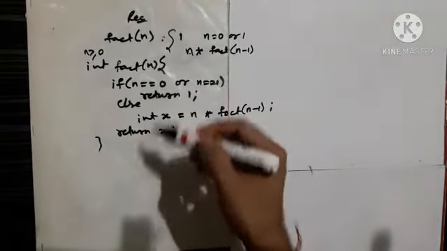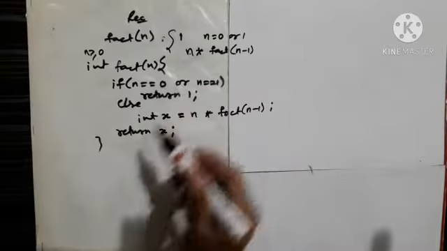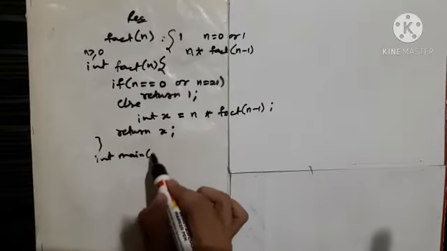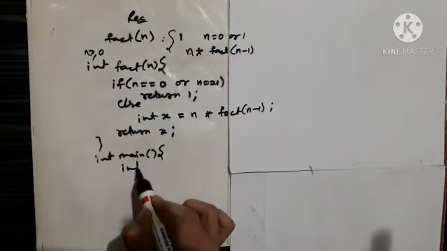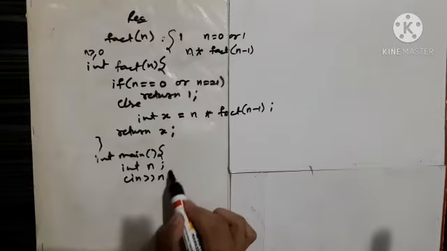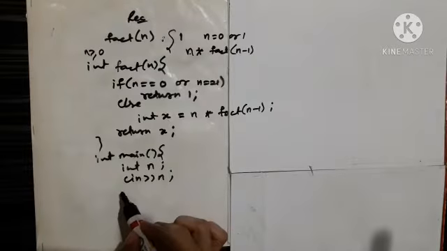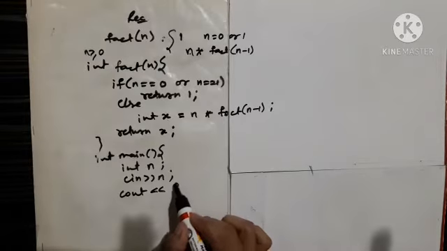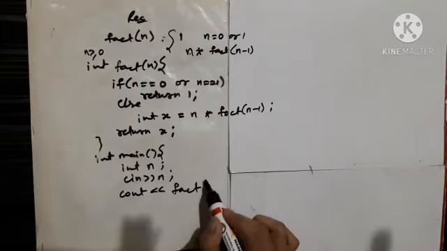I have written this in C++ code. Suppose I am writing the complete code. Then you will get to know: int main, int n, I take that number, and I print fact of n.